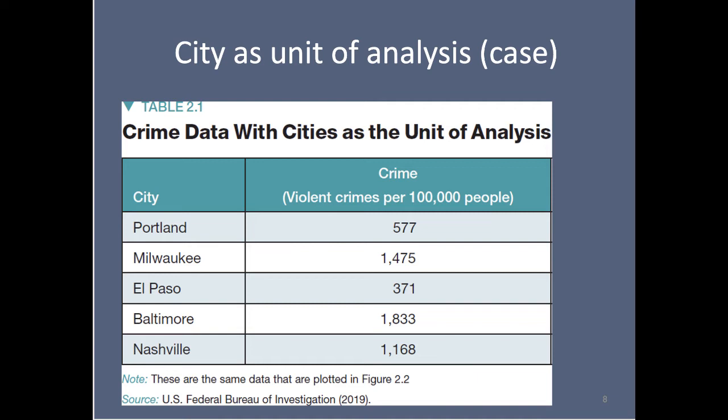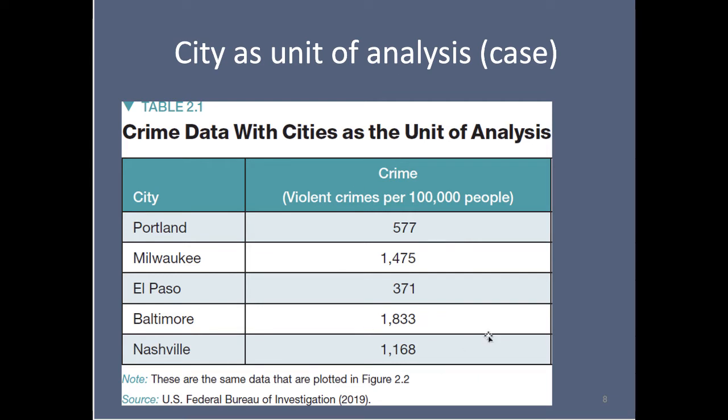And so then the variable crime isn't telling us about a person. It's telling us about a city, and in this case, a crime rate. So here we have from 2019 for Portland, 577 violent crimes per 100,000 people, Milwaukee, 1,475, and so on.